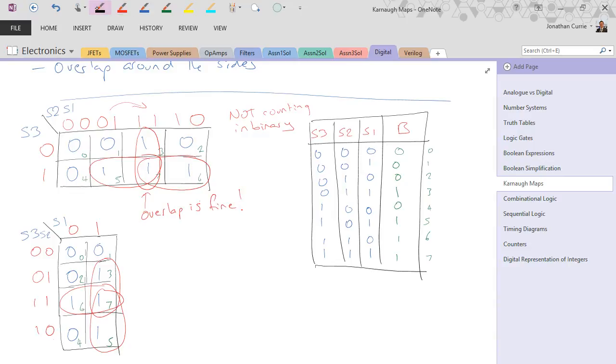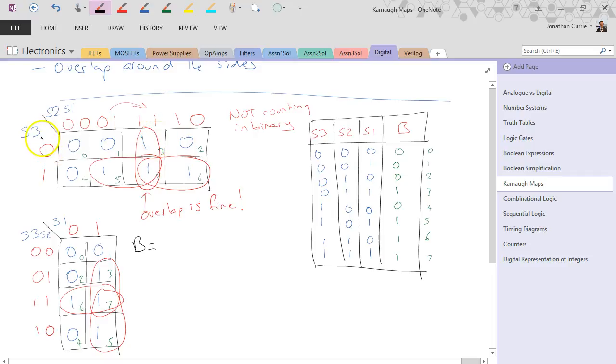So now let's read off from this K-map the simplified expression. So the buzzer is equal to, and let's do the vertical one here first. In this one I see S3 could be 0 or 1, so it doesn't matter what S3 is, but S2 and S1 both have to be equal to 1. So S2 and S1 both have to be equal to 1. Or, let's have a look at this one here.